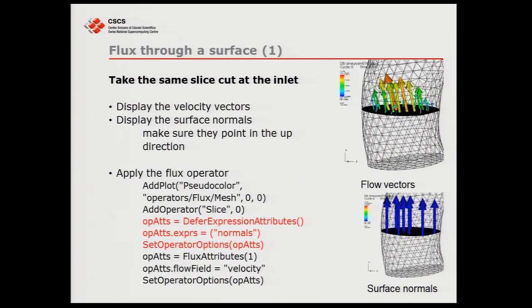At this point, I take a flux attribute object. Number one means take the current object. When I do an add plot operator flux mesh here, I instantiate a flux operator. So I want to get the attributes of that current operator. I select the velocity field as my argument, and I will get an evaluation of the flux of this vector with this particular normal on that particular slice.